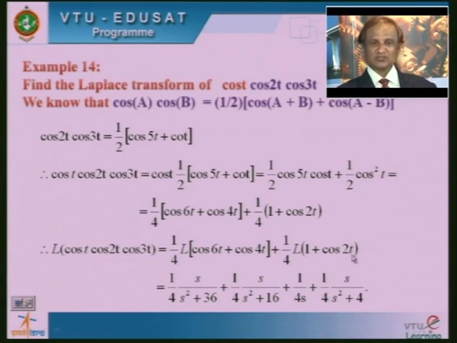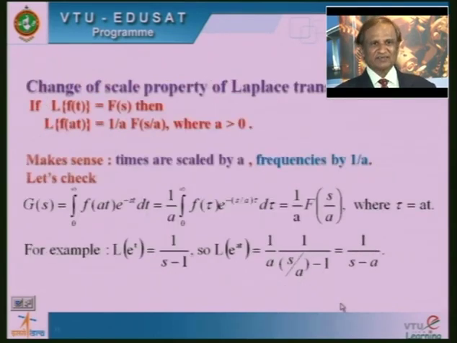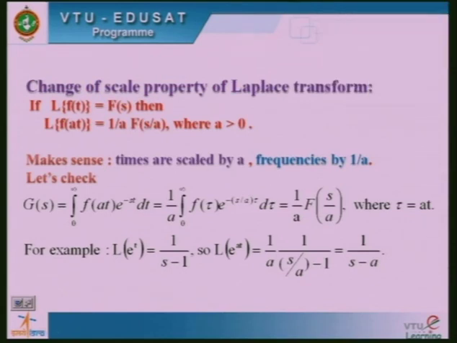Laplace transform of cos 2t is s divided by s square plus 4, and again it is a function of s. Is it clear? Friends, so far we have solved a variety of examples on Laplace transform. In the next session, we shall think about what we mean by the change of scale property of a Laplace transform. Thank you very much for patient hearing.